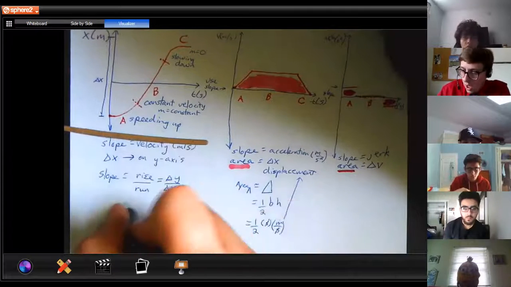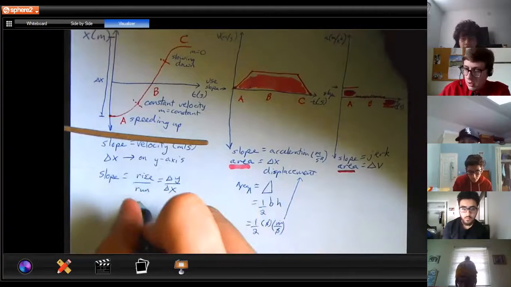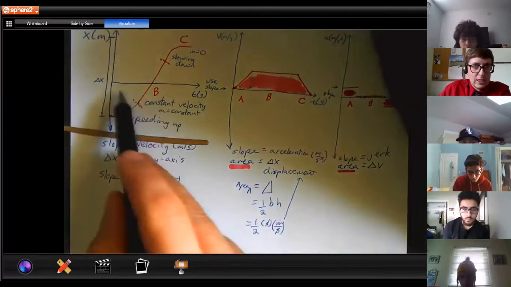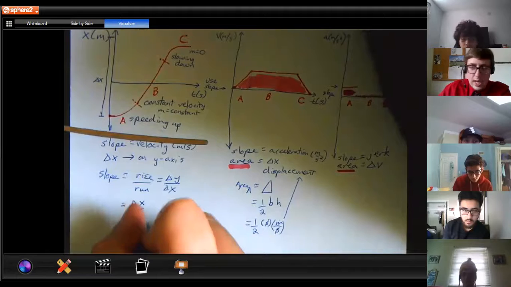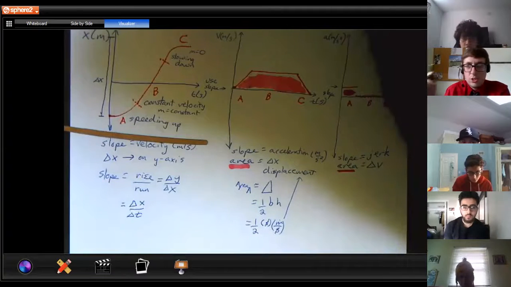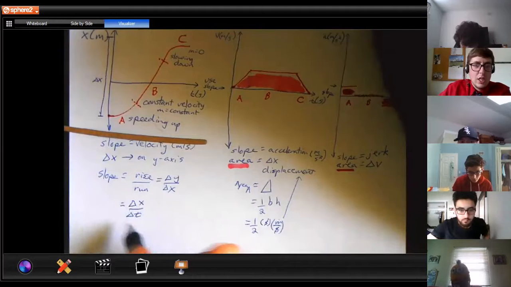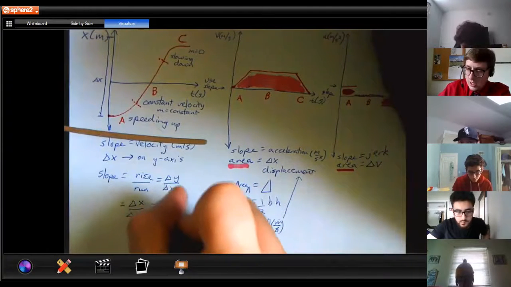So on our y-axis, we have position. On our x-axis, we have time. And it should be starting to move into your head that change in position over change in time is velocity.